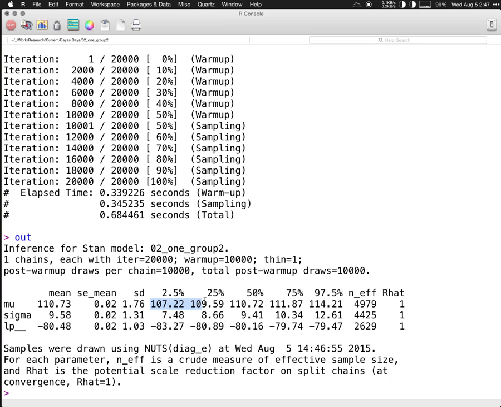And we've got a distribution of beliefs. So we've got a credible interval, 107 to 114 on the mu, and 8.5 to 12.5 on sigma. And just double checking, R-hat equals 1 in both cases, and plenty of samples, effective sample size for both.